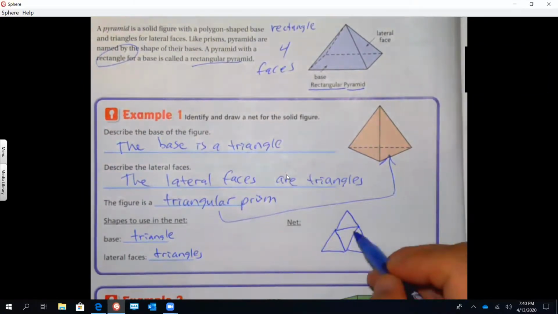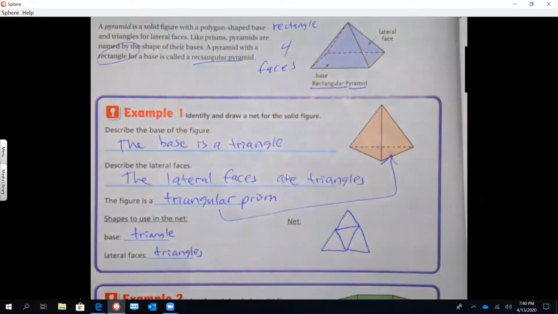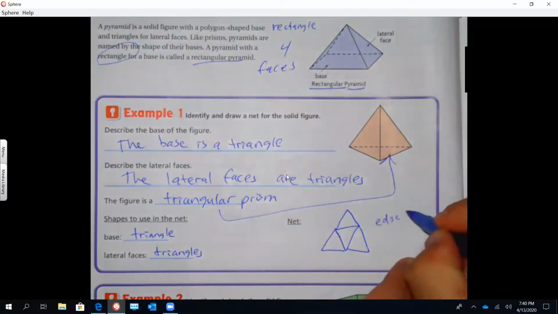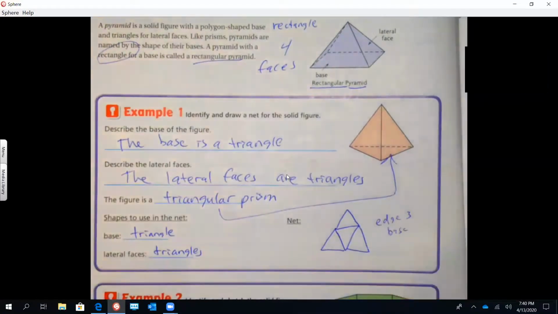Well, how many sides does the base have? It's 1, 2, 3. So the base has 3 edges, so you only have 3 lateral faces. Well, that's what I want you to do. I want you to go onto that website and make nets.